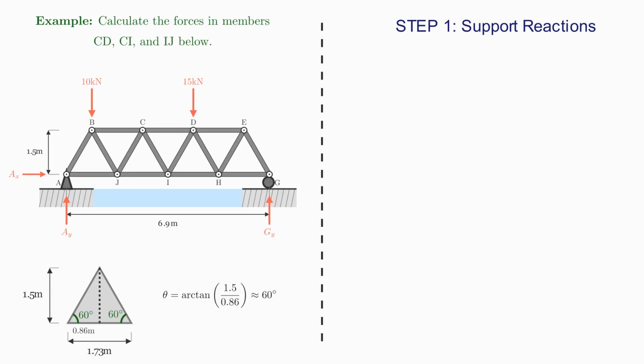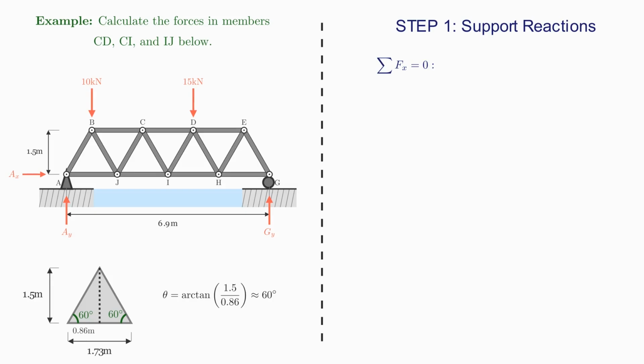To find the values for AX, AY, and GY, I can use my 3 equilibrium equations. The sum of the forces in the X direction is equal to 0, the sum of the forces in the Y direction equals 0, and the sum of the moments is equal to 0. I'm going to start by taking the sum of the forces in the X direction, as I only have one of the unknowns which is in the X direction.